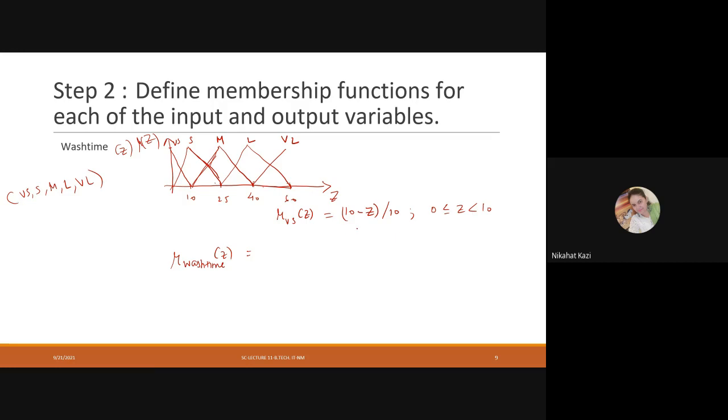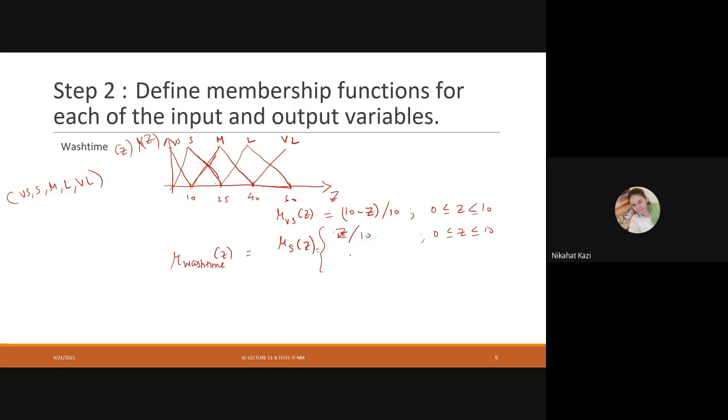Okay. Next is short. Short has two parts. One is increasing, the second is decreasing. Increasing in the range 0 to 10, and decreasing in the range 10 to 25. The equation for the increasing part is z divided by 10, right?